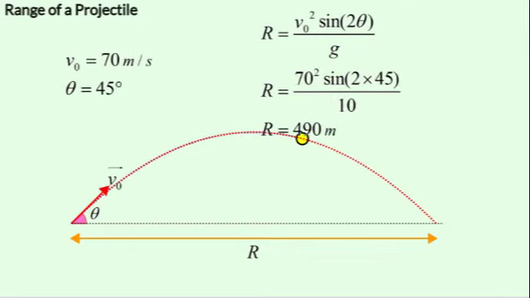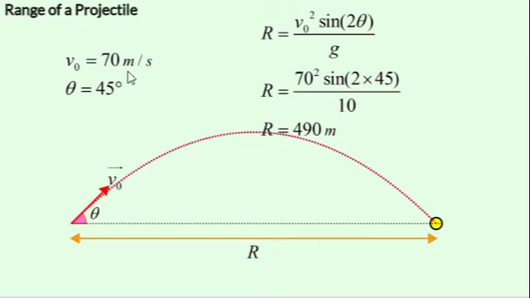We now take the same problem as in the previous lesson, but this time we compute the range. In the previous lesson, we had computed the time of flight of the projectile, and in this lesson we will compute the range. So we launch the projectile with a speed of 70 meters per second and at an angle of 45 degrees, and we need to find the range of this projectile.